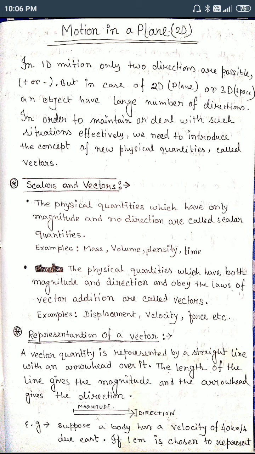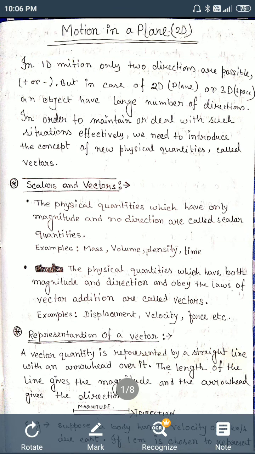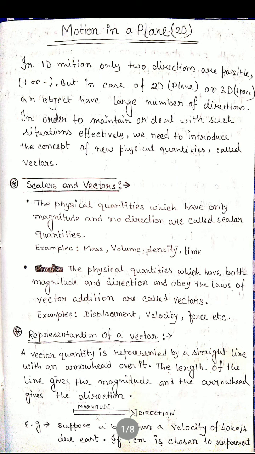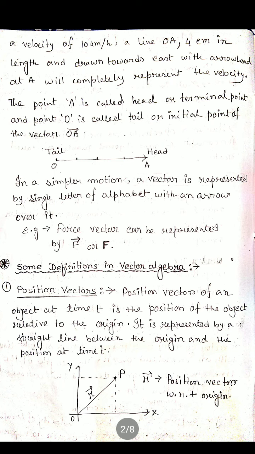Suppose a body has a velocity of 40 km per hour due east. If we choose that 1 centimeter is equal to 10 km, then we need four divisions of that straight line. See in this figure, the tail and head. We divide the line into 4 sections and each section represents 10 km.